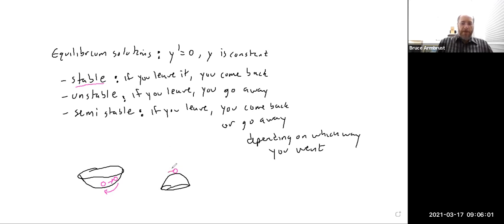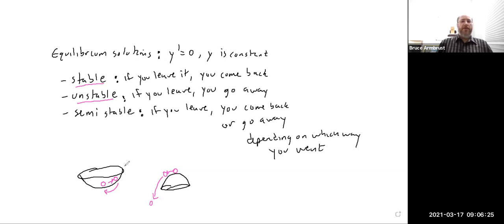But what happens if I move it a little bit over to the side? Well, it's just going to roll away off of that bowl. So it's not going to return to its initial position. That's unstable.